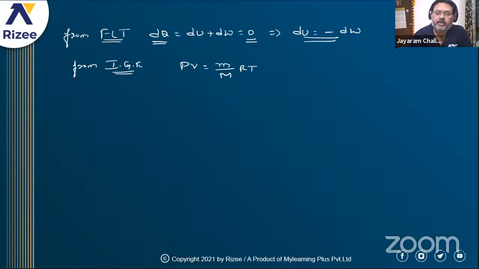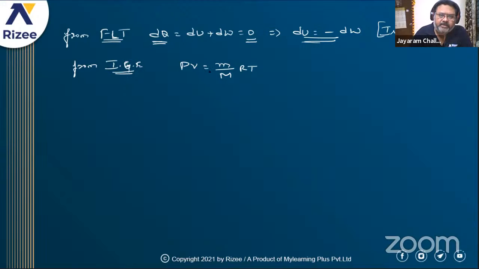Since it's an isolated chamber. Isolated means no heat is going out of the system or entering the system, so due to that, the change in heat becomes 0. Since the change in heat is 0, from the first law of thermodynamics, dQ is equal to dU plus dW, so this is the relation.